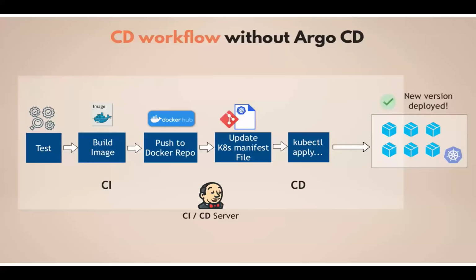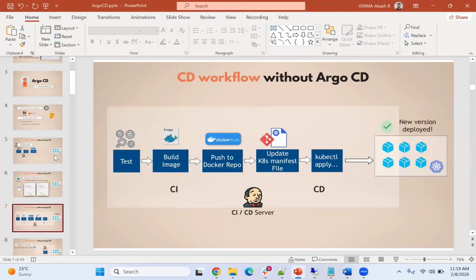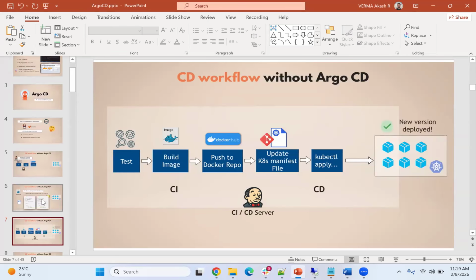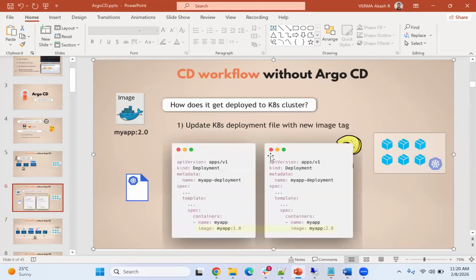Remember? So where will the deployment get its things from? Deployment requires the image of your application, right? So where would it get the image? Docker Hub. From Docker Hub. So you need to mention the image name in your deployment file.